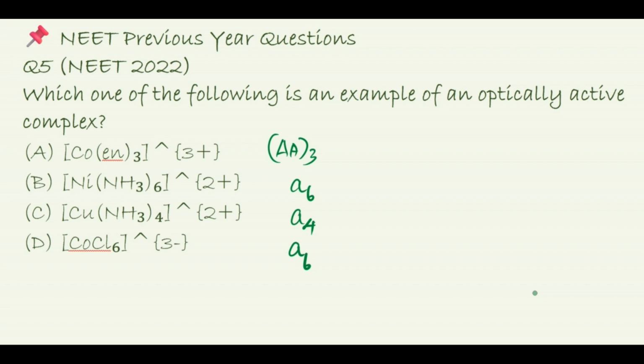Obviously, the answer to this question is option A. People who commented option A, you are correct. What about these three options? These have symmetric ligand arrangement, so they are optically inactive. But in the case of en, that is not having any symmetry. So the answer to this question is option A.